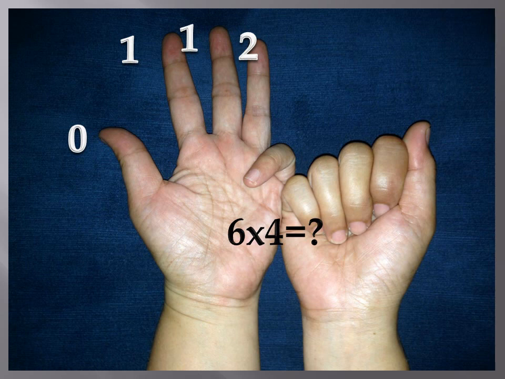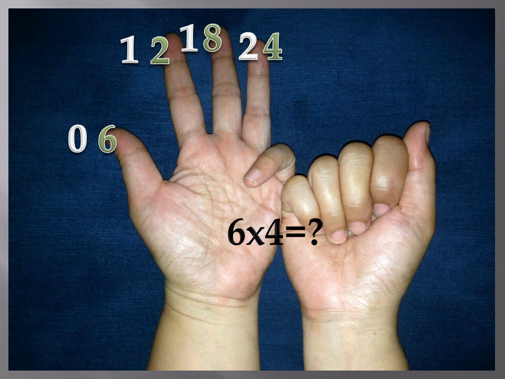Now let us start with the ones digit. At first, we have the number 6 as the ones digit of the first finger. Then we have 2 as the second finger. Then we have 8 as the third finger.